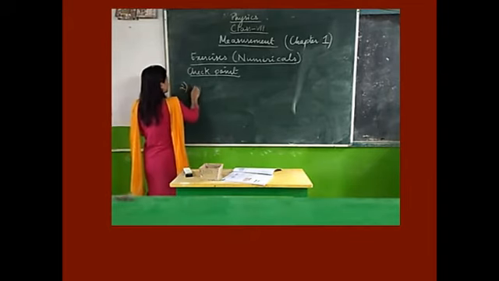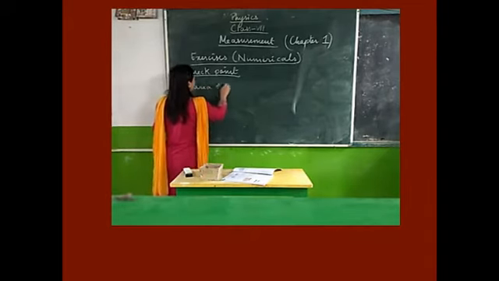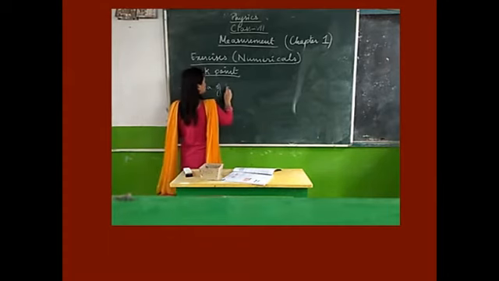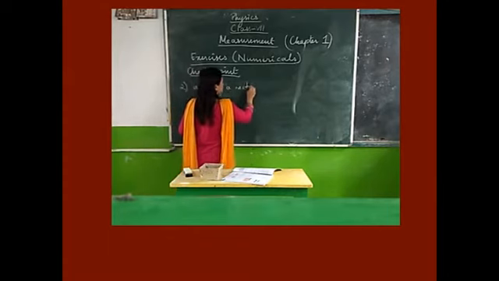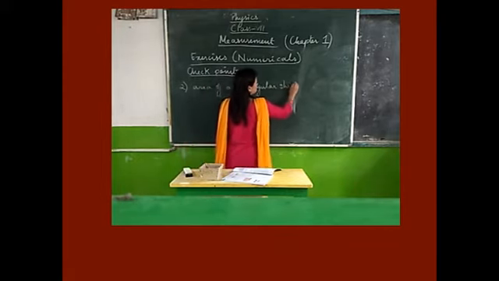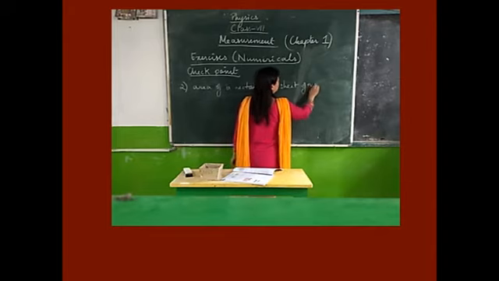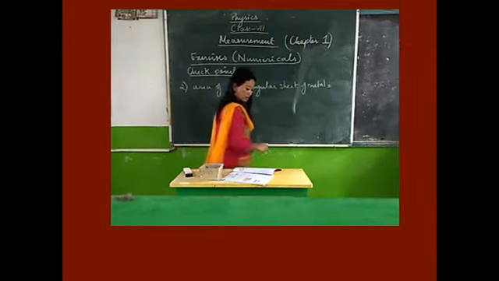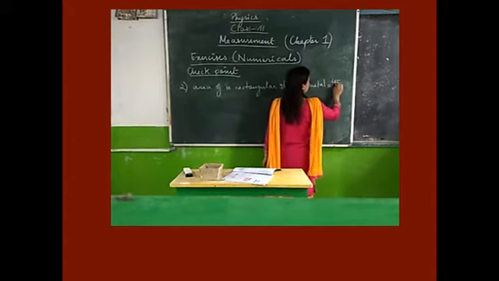Number 2, what is given? Area of a rectangular metal is given as 450 square centimeter.